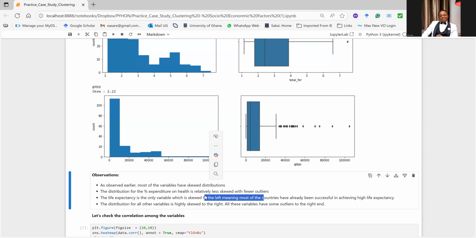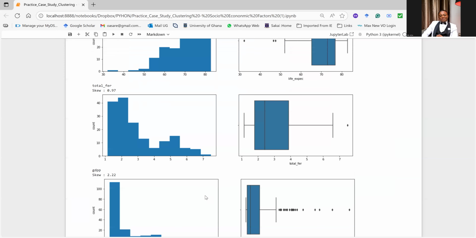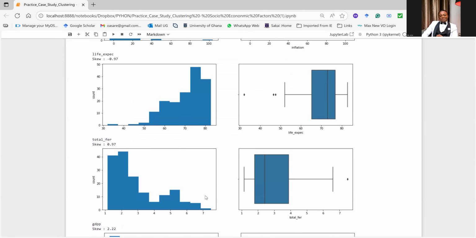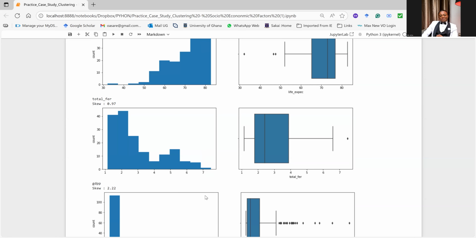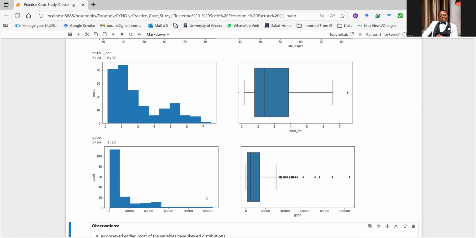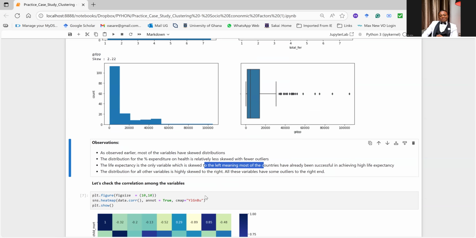What that means is that most of the countries have been successful in achieving high life expectancy. In other words, in the majority of them, people are not dying too much. Only a few of them have more people die. But the key point is that they are outliers and they are not normally distributed.